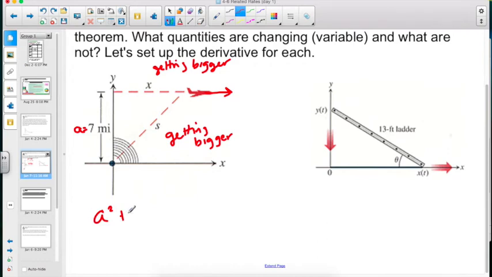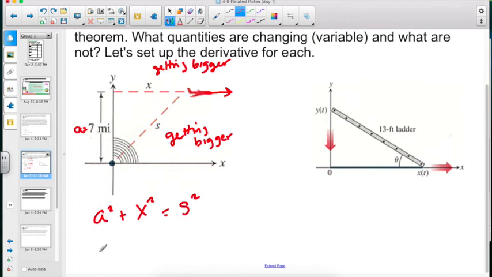As we write the Pythagorean's theorem here using these variables, we'll have a leg squared plus a leg squared equals the hypotenuse squared. And since the x and the s are quantities that are changing, when we take the derivative, we'll have a differential there, the dx over dt and ds over dt. But this is just a constant. So really, this is literally 7 squared. This is literally 49.